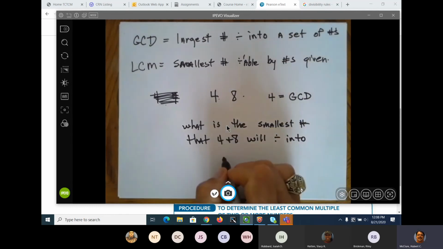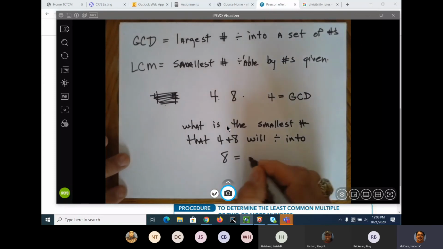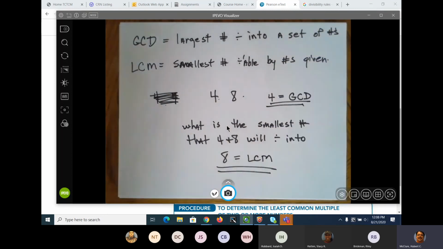And that is 8. 4 will go into 8 two times. 8 will go into 8 one time. Now, that is the least common multiple.